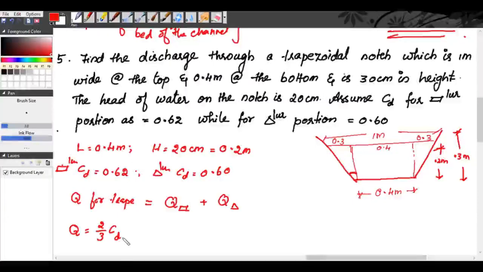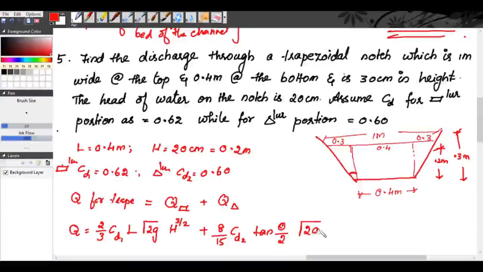We will take this as CD1 and CD2. So 2 by 3 CD1, L is 0.4, root of 2g, h raised to 3 by 2, plus 8 by 15 CD2 tan theta by 2 into root of 2g h raised to 5 by 2.